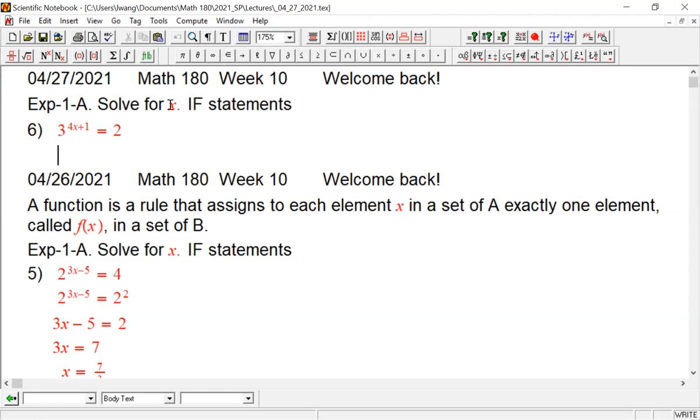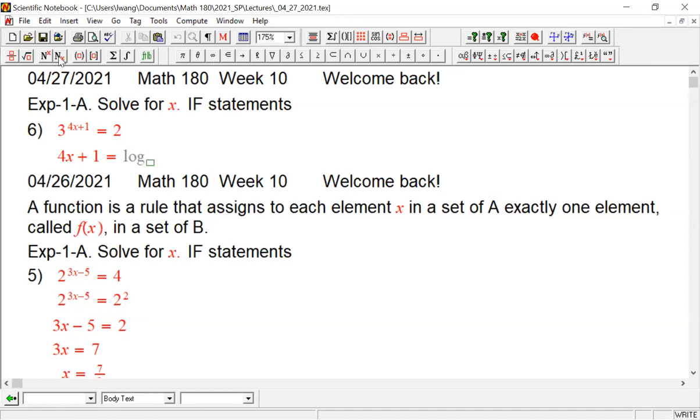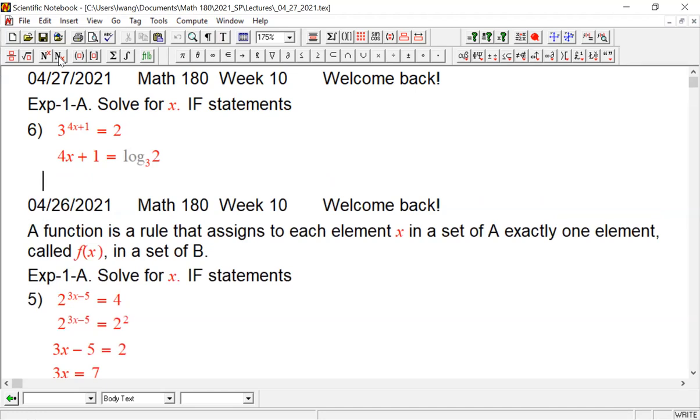So let's go by definition. Okay, so we have 4x plus 1 equals log base 3 of 2, right? By definition.